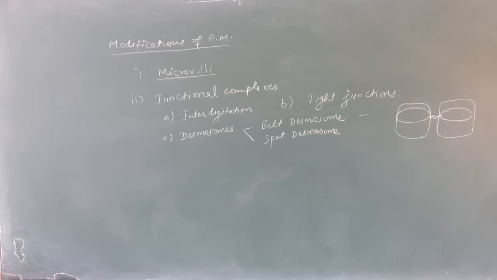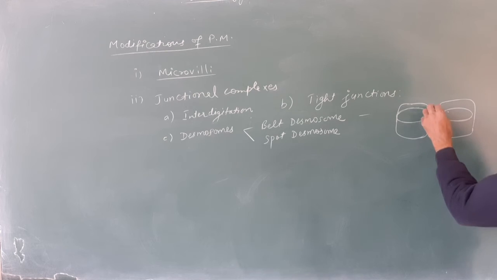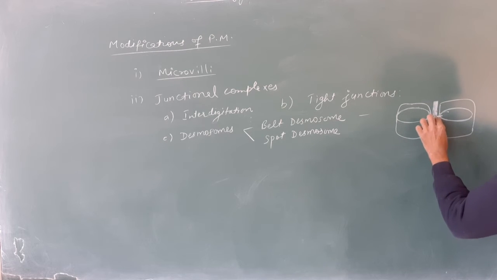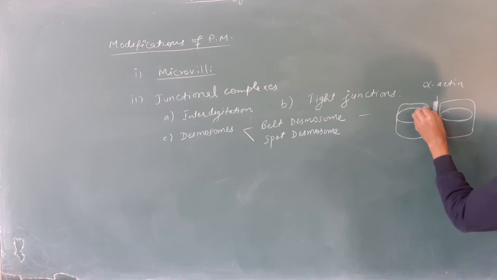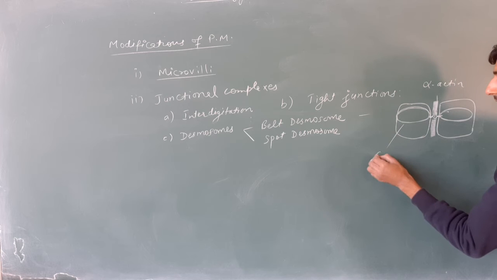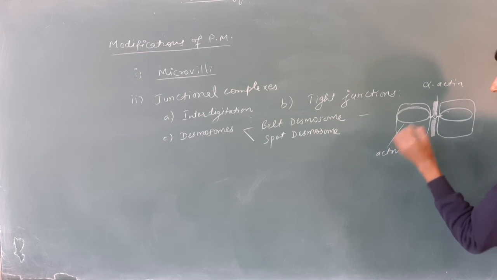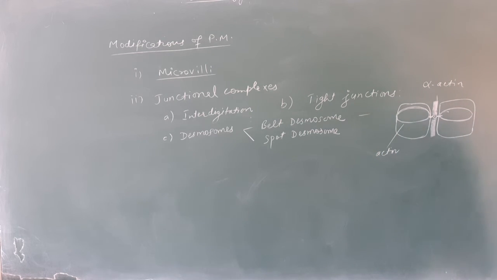In case of this belt desmosome, the intercellular space is sealed with cementing material, and this belt is also formed of actin. So this is belt desmosome.